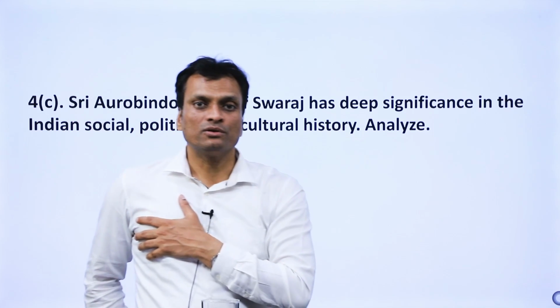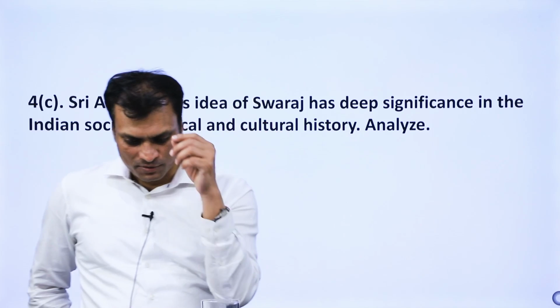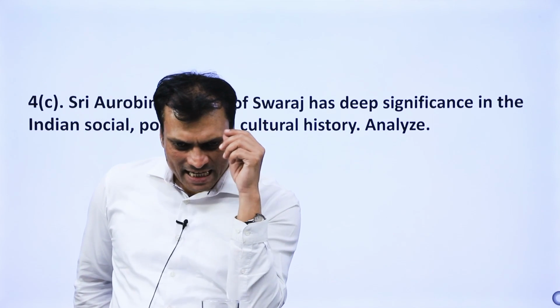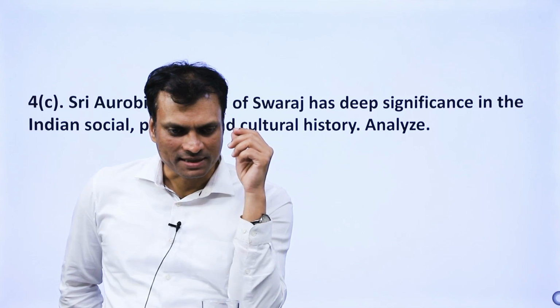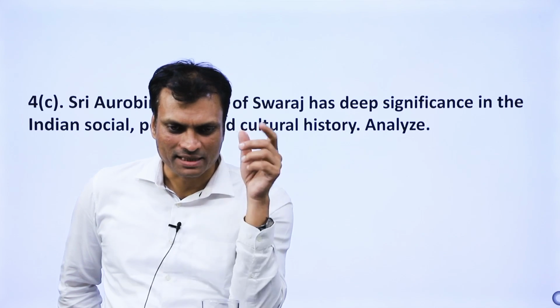Now the significance is that when it is about complete independence, then Aurobindo will not actually spare any method to make our country politically independent and completely free from the British Raj.